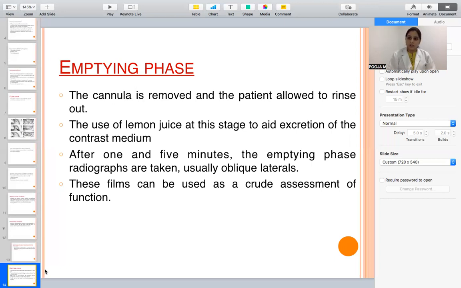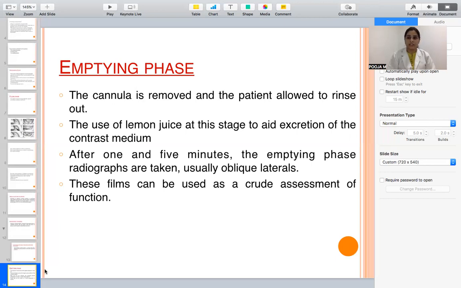Once the injection of the contrast medium is done in the filling phase, you need to take this radiograph, and after that comes the emptying phase. In this phase the cannula is removed and the patient is asked to rinse the oral cavity. Once it is done, you squeeze a lemon, or you can also advise a sialogogue for the patient, so as to increase the salivary excretion.